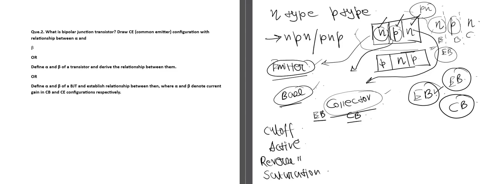During cutoff mode, the EB junction is reverse biased and the CB junction is also reverse biased. In active mode, the EB junction is forward biased and the CB junction is reverse biased. In reverse active, the EB junction is reverse biased and the CB junction is forward biased. And in saturation, both junctions are forward biased. So this is the basic concept of the bipolar junction transistor.